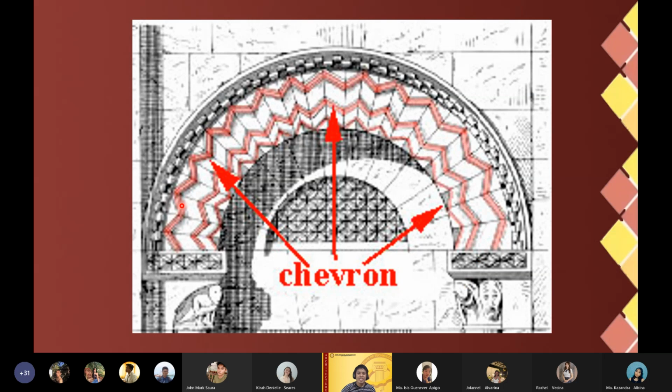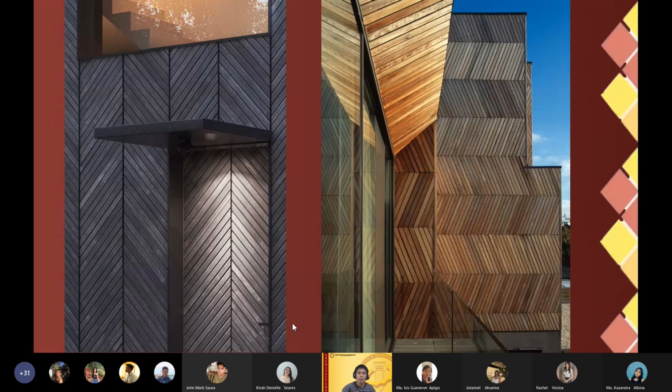And still, up to now, we use this type of pattern, the chevron pattern. For modern buildings, we can see some patterns. Some use tiles, ceramic tiles. Some can use wood or metals. We could have it in a chevron pattern.